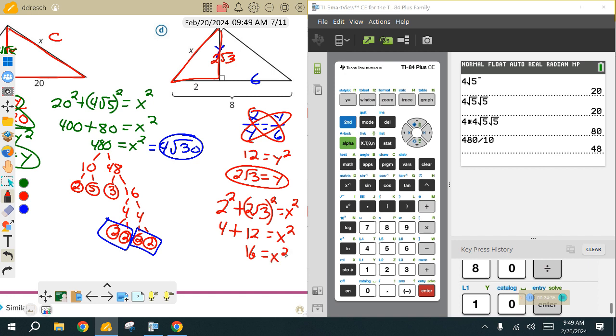Square root of 16 takes me to 4. Two solutions. Do I care about the negative though? I do not. I get a 4. I get a 2 root 3.